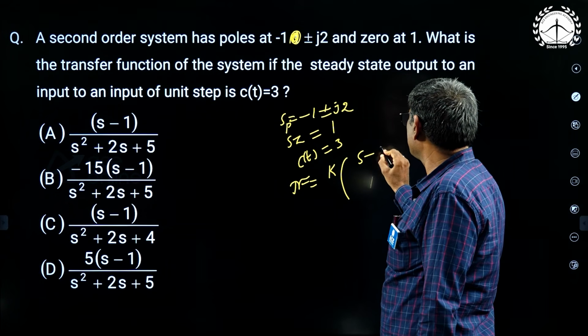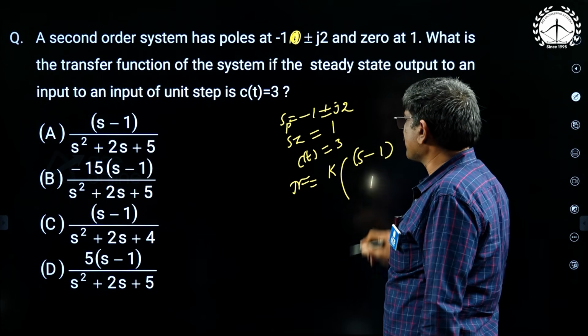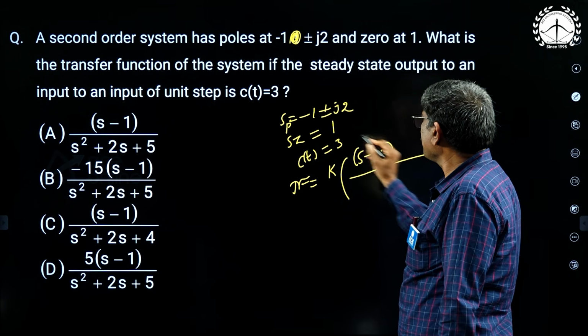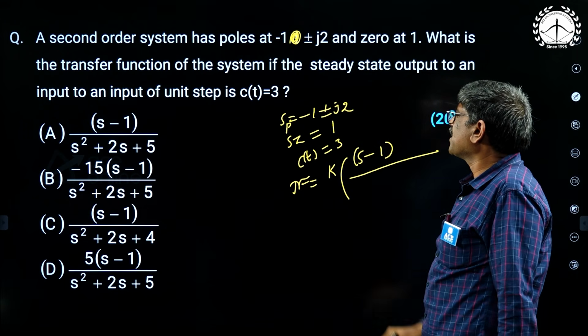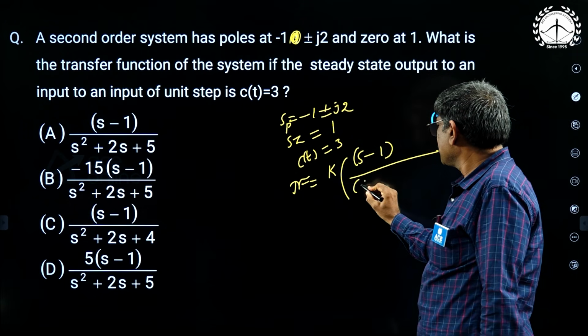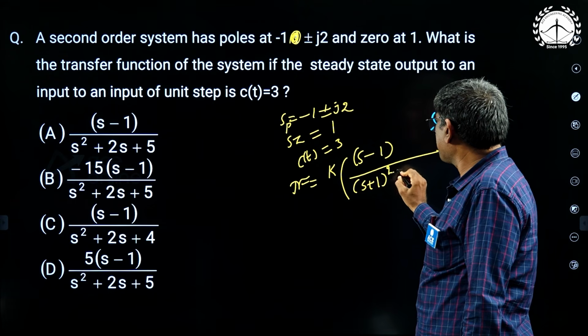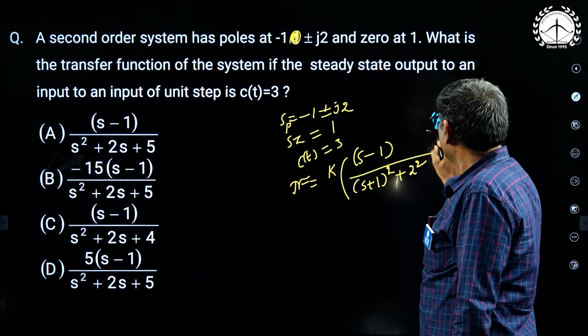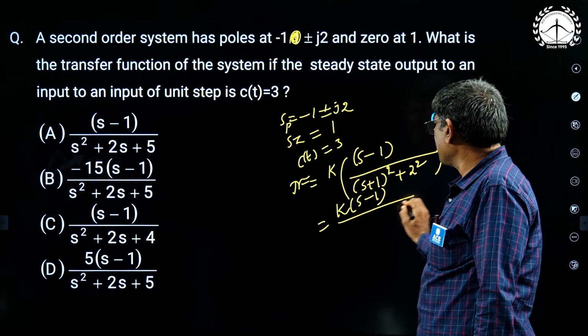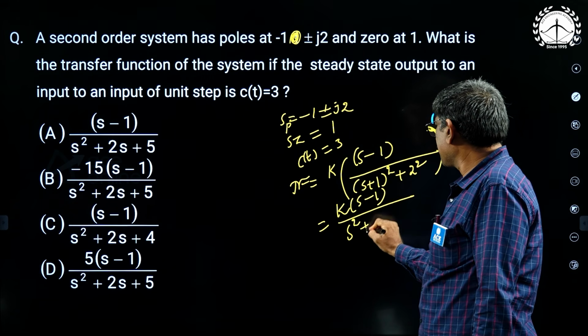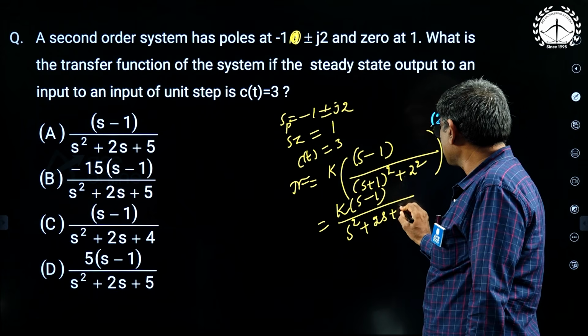One zero at 1, so s minus 1, divided by the pole equation for minus 1 plus or minus j2: s plus 1 whole square plus 2 square. That means I can write K into s minus 1 divided by s square plus 2s plus 5.